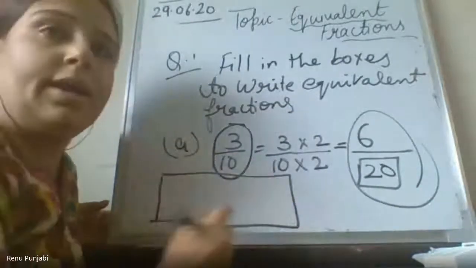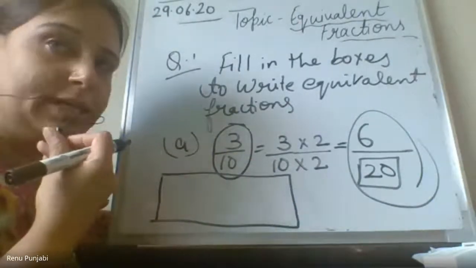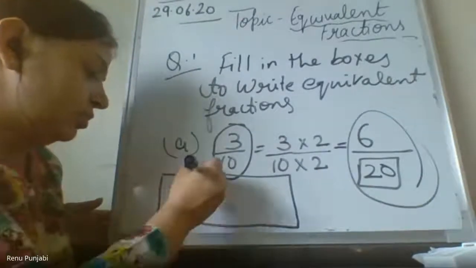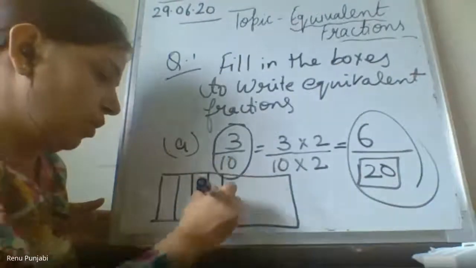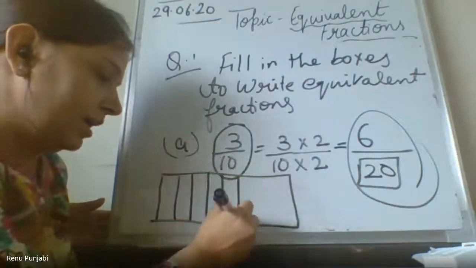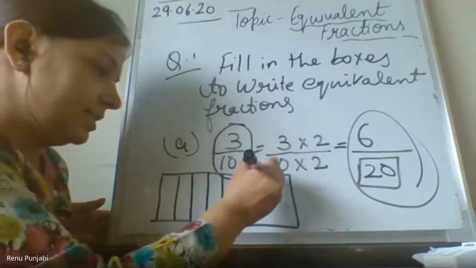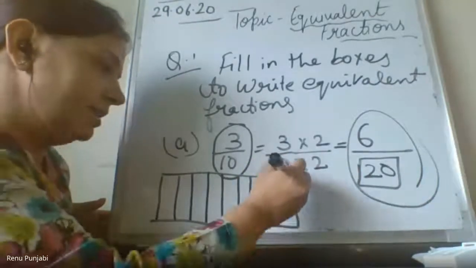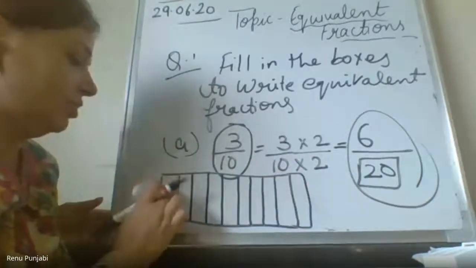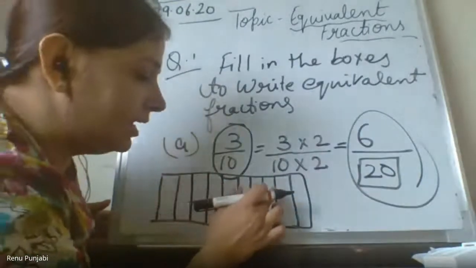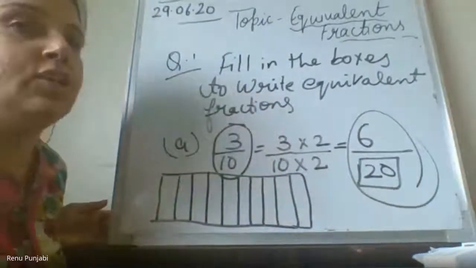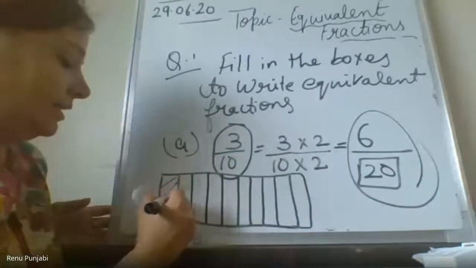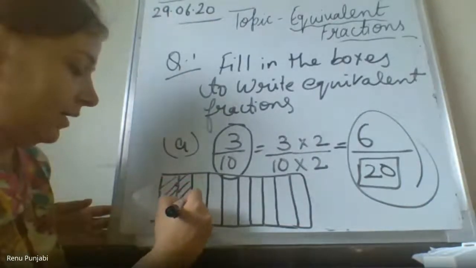So this chocolate bar is divided into total 10 parts. 1, 2, 3, 4, 5, 6, 7, 8, 9, 10. 10 equal parts. Out of these 10 equal parts, I ate 3.